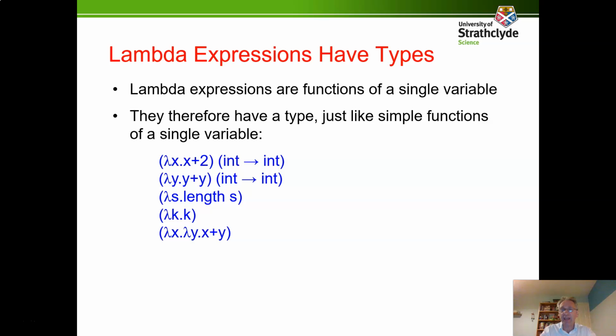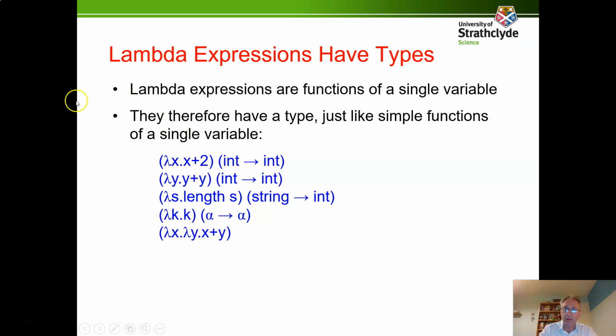So lambda s, length of s, well here s is a string. So therefore this is of type string to int. Lambda k, k, well if you remember I said that we can pass in any type here. So it's of type alpha goes to alpha. Now the final one is a bit tricky.